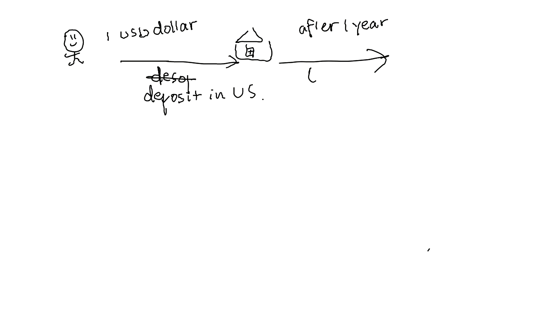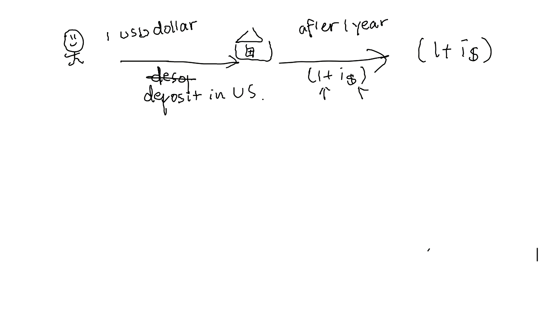Because the banks will pay you the interest, right? And this is your principal. This is your interest, right? So after 1 year, you supposed to get this, right? And this is the easy way.